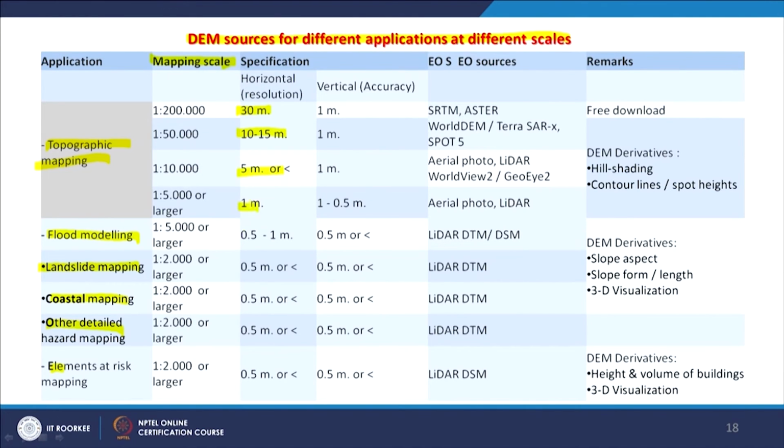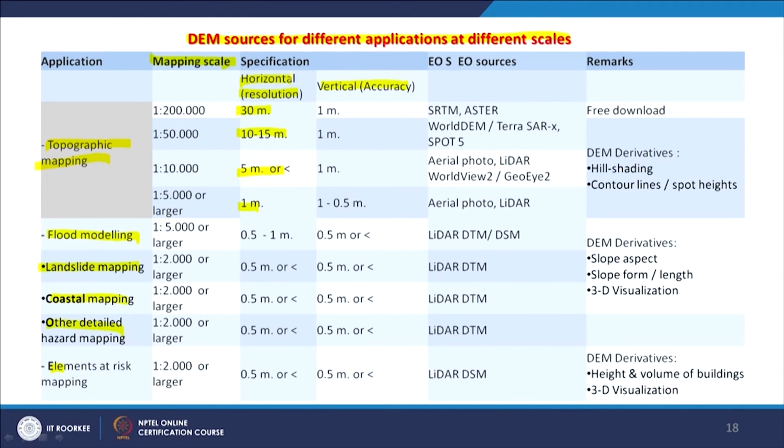One important point here is that you are seeing two resolutions, one horizontal and another vertical. The reason is the least count in the vertical scale is generally 1 meter, whereas spatial resolution is in the horizontal scale, that is X and Y. So X and Y may have a 30 meter spatial resolution, but the Z value may have a least count of 1 meter, so we can say the vertical resolution is 1 meter.